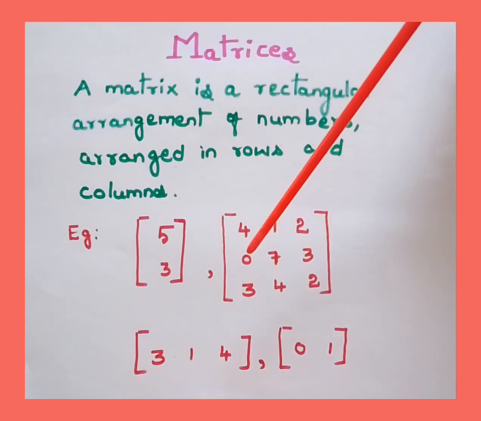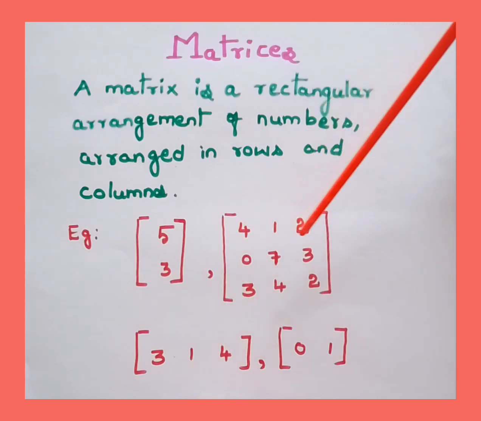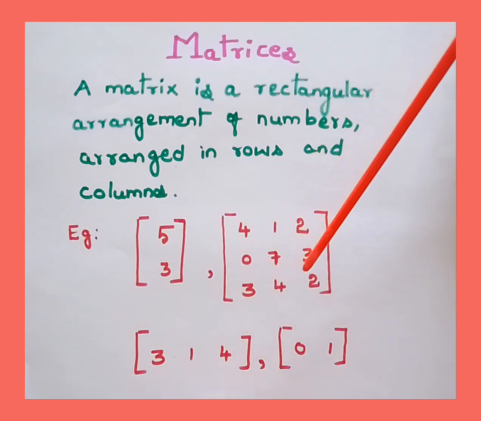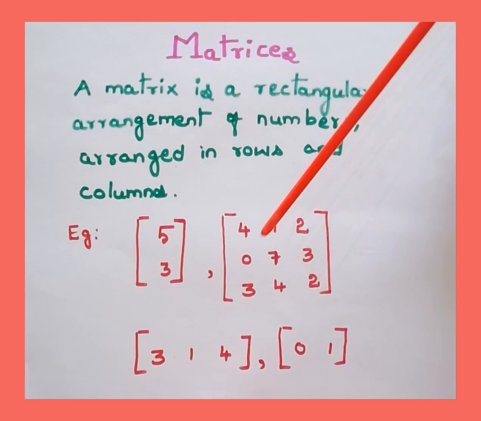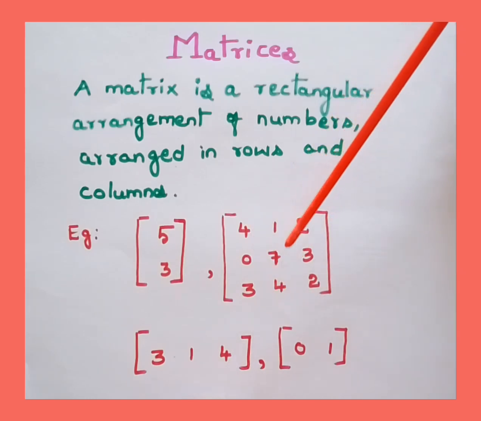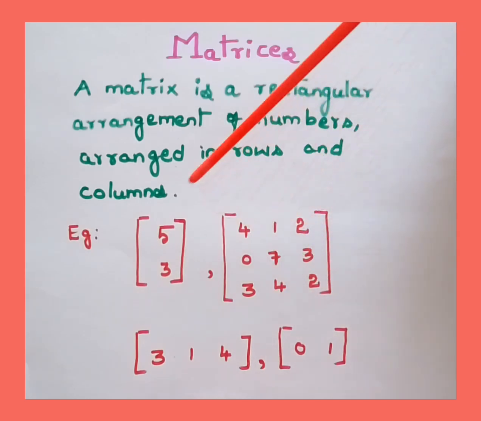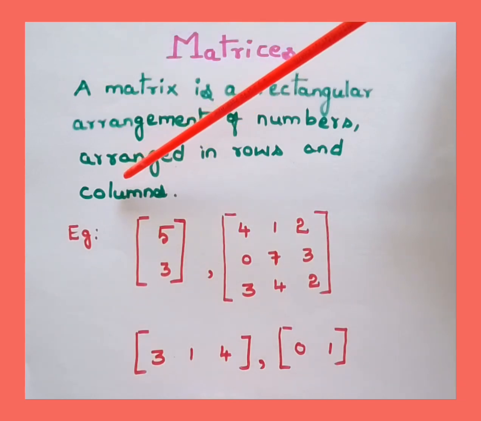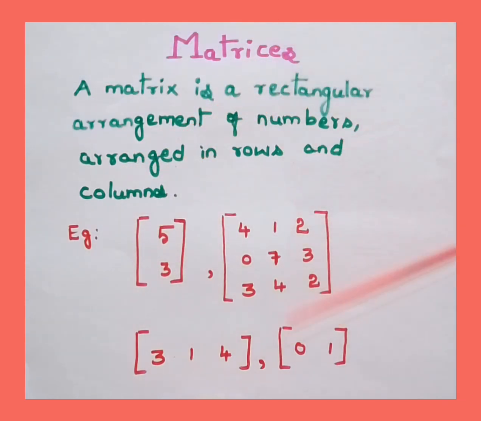The horizontal lines in a matrix are called rows, and the vertical lines are called columns. You can observe the L in columns: L is lengthy, vertical. So you can remember it that way. These are the columns and these are the rows.